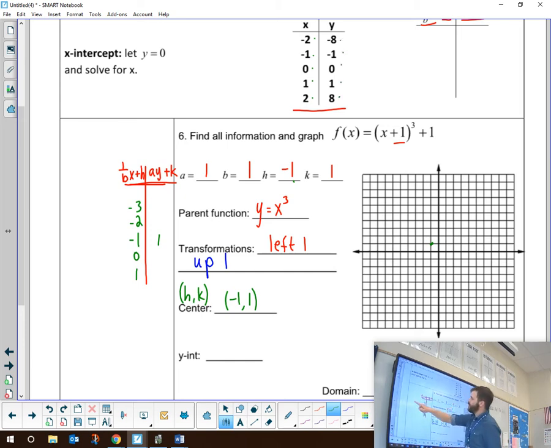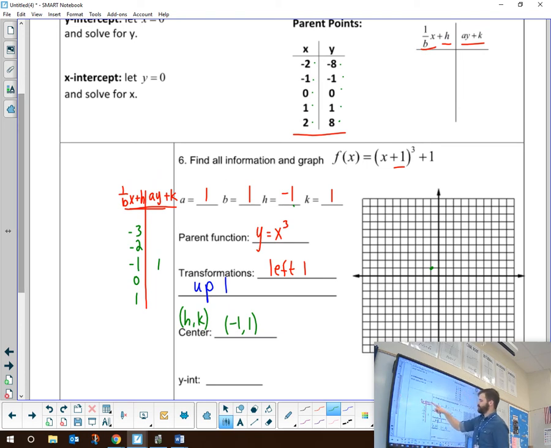Remember what we do to that y: we multiply a to it, and then we add k. Well, there's no a to multiply. A is just 1. So we're just going to add 1 to each one. So it's going to be a point at 1, at 2, at 9, at 0, and at -7.